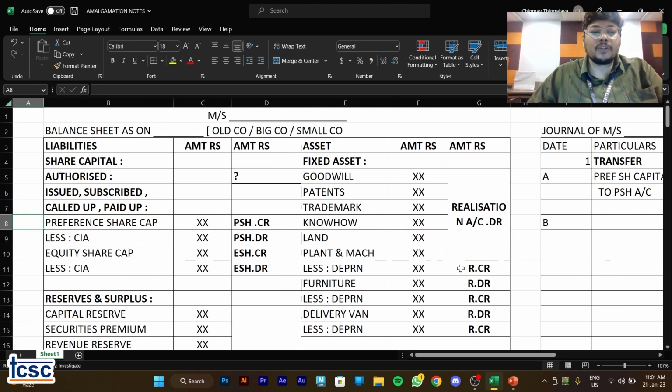The second marking which we have done is PSH account debit. So the opposite name is calls in arrears.